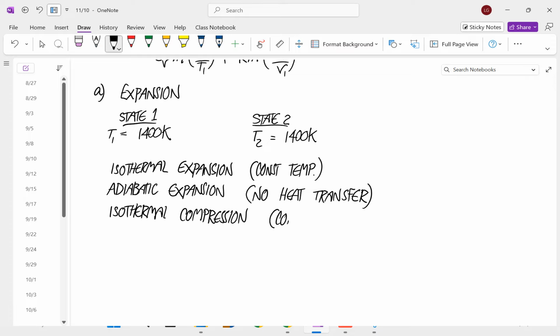So that's constant temperature again. And then an adiabatic compression. No heat transfer.